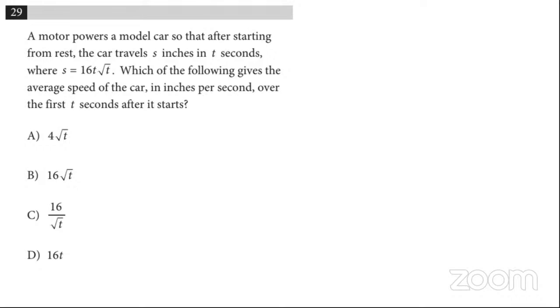So we are asked to find the average speed of the car. What is the average speed? It's basically the total distance traveled by the total time the car traveled.